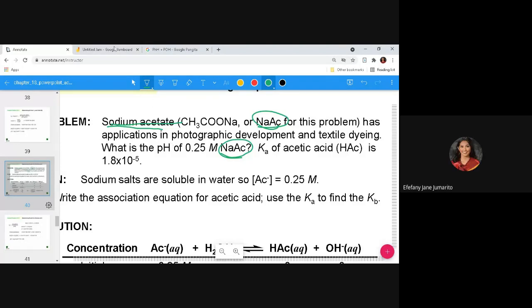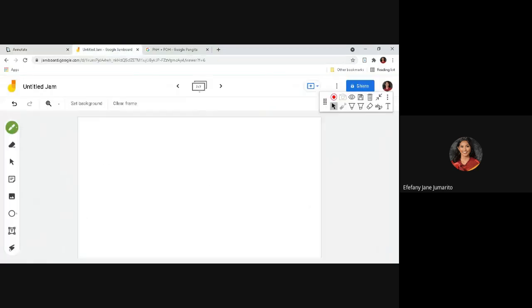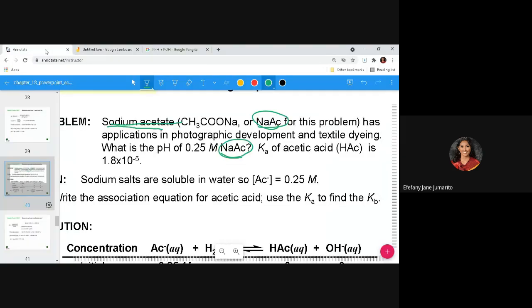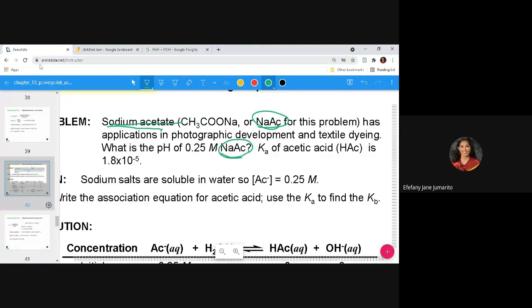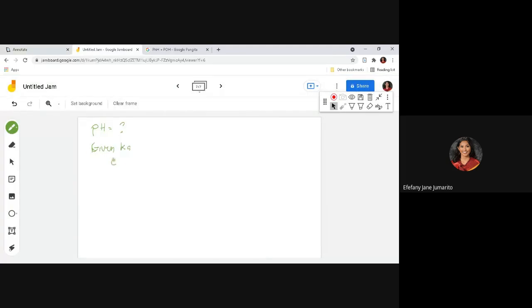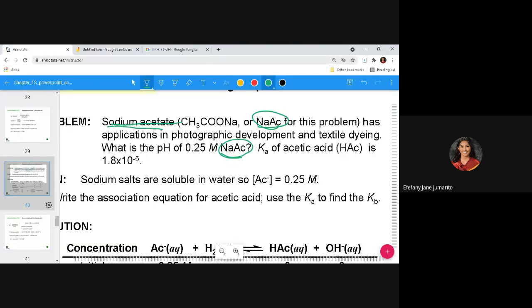Okay, so what's the problem? What is asked? It's the pH. The given: Ka, and then we have the concentration of NaAc.